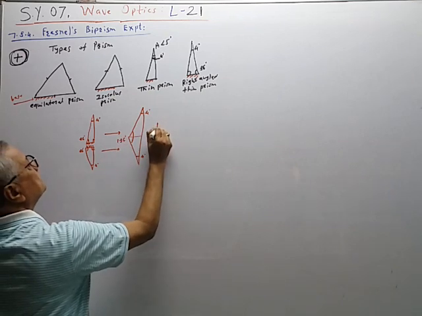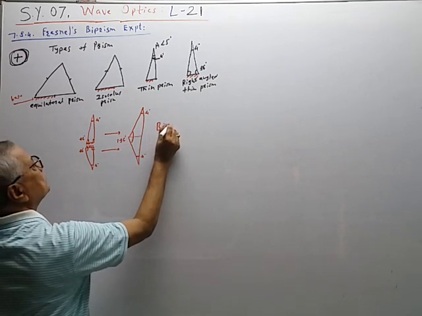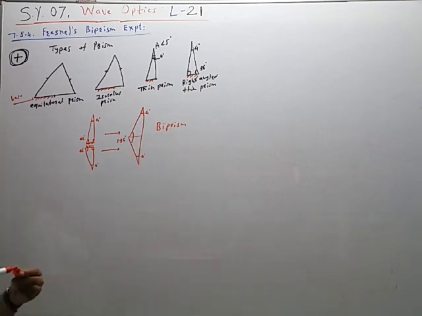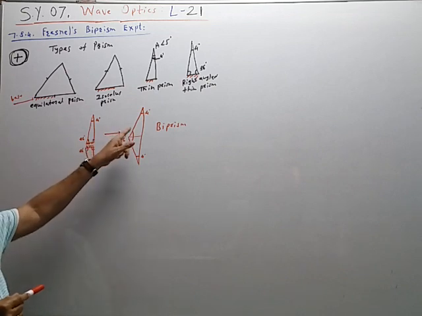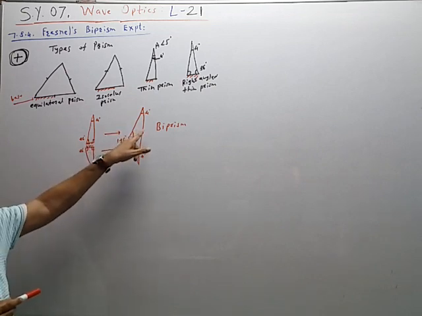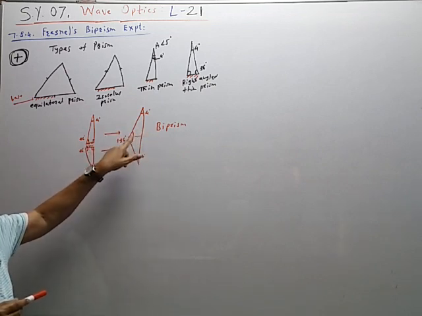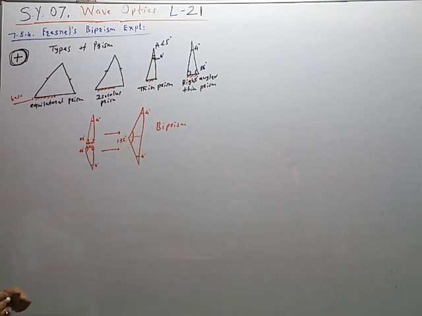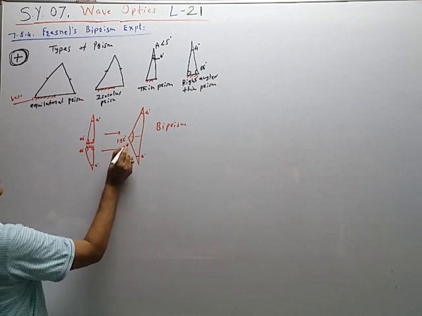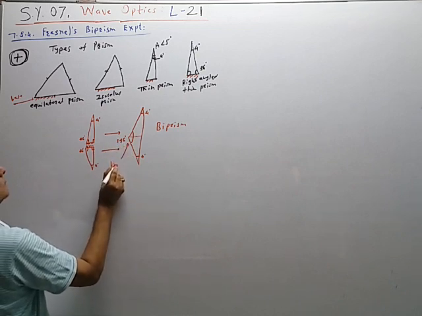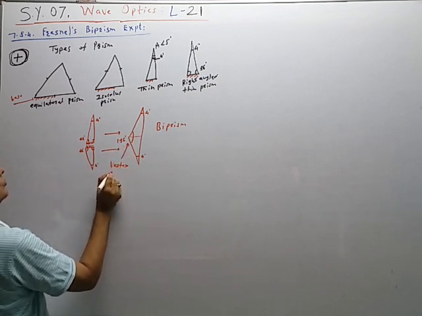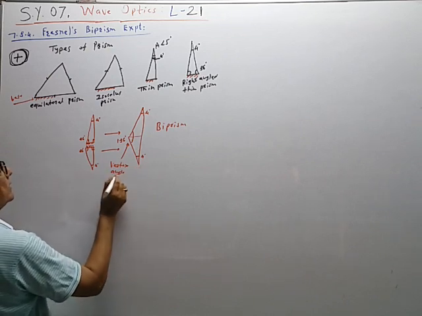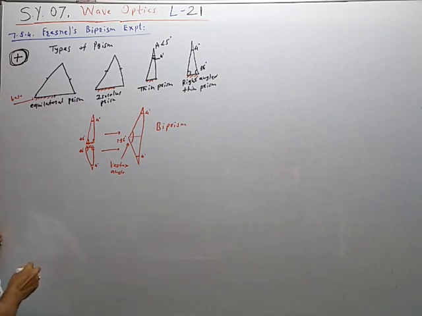So this is called a biprism, because two prisms are joined base to base together so that they form a new prism. This is having three surfaces. So this is again a prism, but this angle is very very large. This is called the vertex angle, and this vertex angle has a limitation.